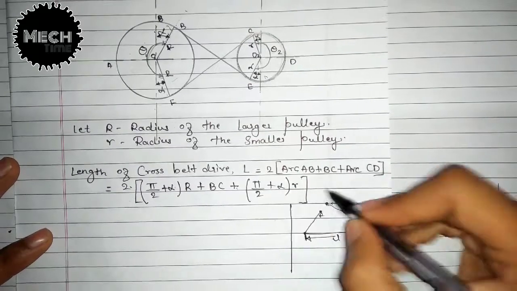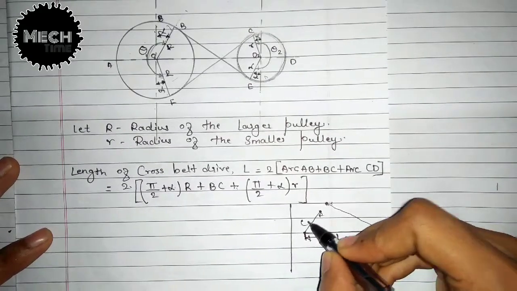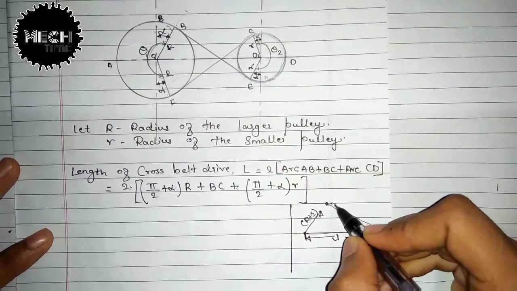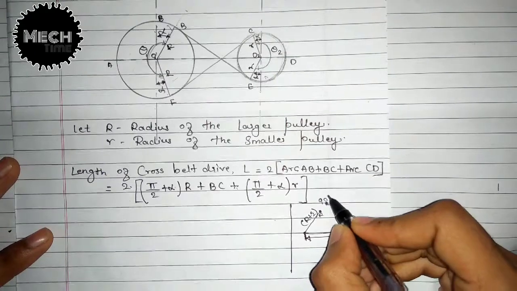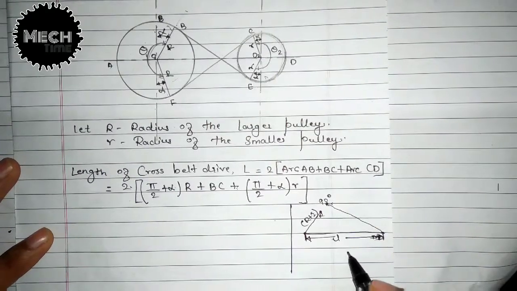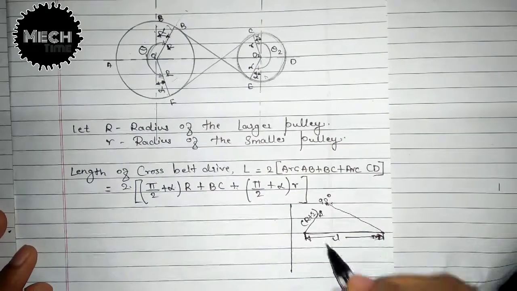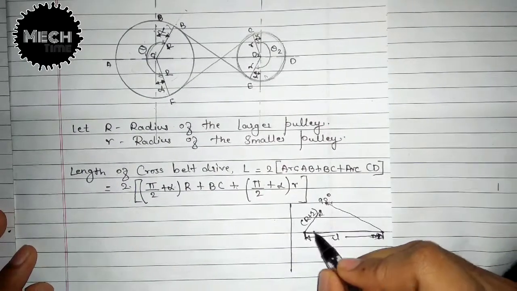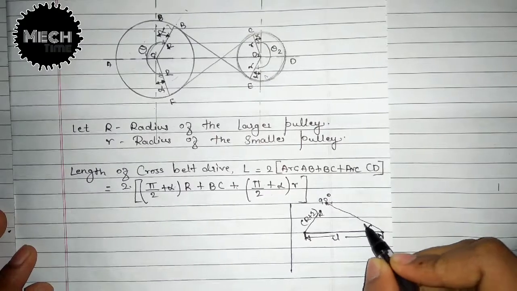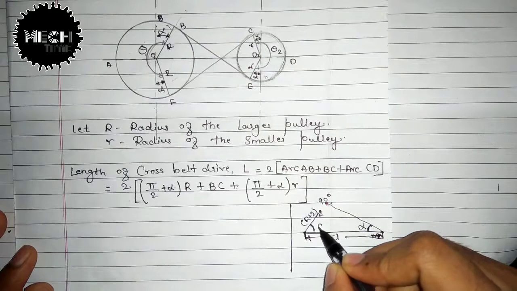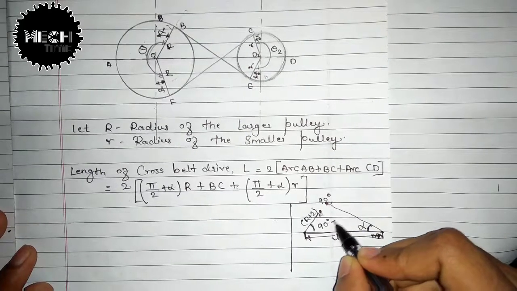So this is your R plus r, and this is your 90 degree. As I told, this is your angle 90, and this is your angle alpha. Then this will be 90 degree minus alpha.